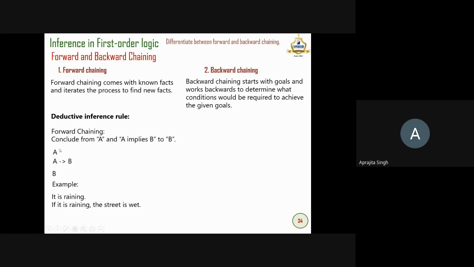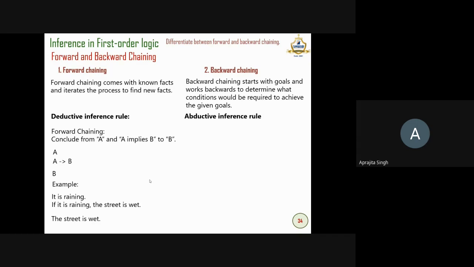A is that it is raining. If it is raining, the street is wet. So what is B? B is that the street is wet. So the first statement is true, that it is raining. The second statement is true, that if it is raining, then the street is wet. Then what are we concluding? The street is wet.